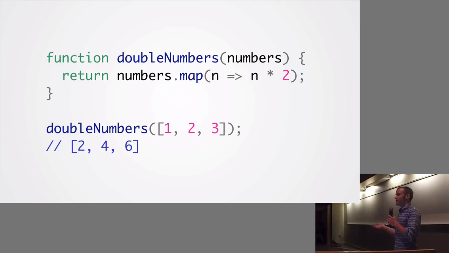Well, now we can write 3 lines. We can double numbers with the native map method on the numbers array. So we take the numbers, we call numbers.map, we pass in an arrow function, and we can look at this pretty quickly, even without a function name, and say, oh, n maps to n times 2, and we're mapping that for every item in the array. That's a very declarative thing. We don't know how map is implemented internally by V8 or SpiderMonkey, but we know this is what we desire as our result.